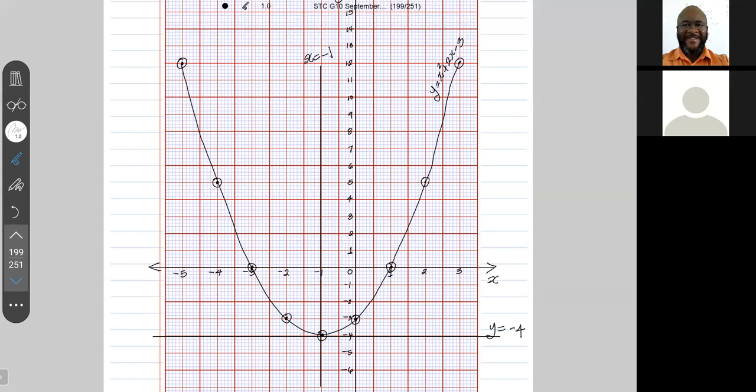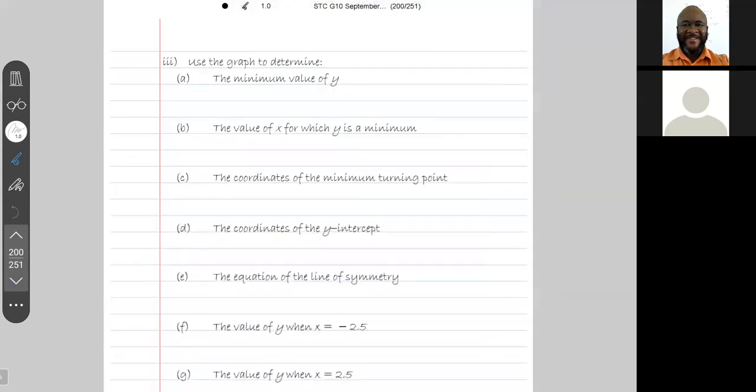Let's answer the questions. So the first one, use the graph to determine the minimum value of y. I would answer y min is equal to -4. The minimum value of y for my quadratic function is y is equal to -4. Next, we're asked for the value of x for which y is a minimum.